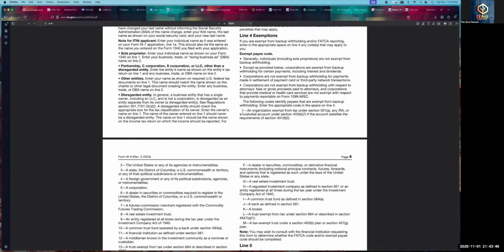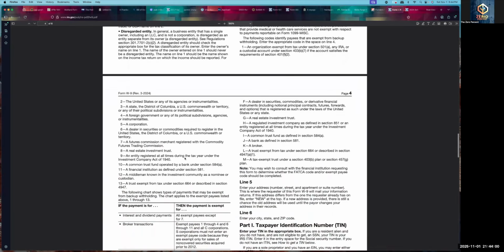An organization exempt from tax under Section 501 or any IRA or custodial account under Section 403B. This does not apply to the trust enterprise. Number 2, the United States or any of its agencies or instrumentalities.